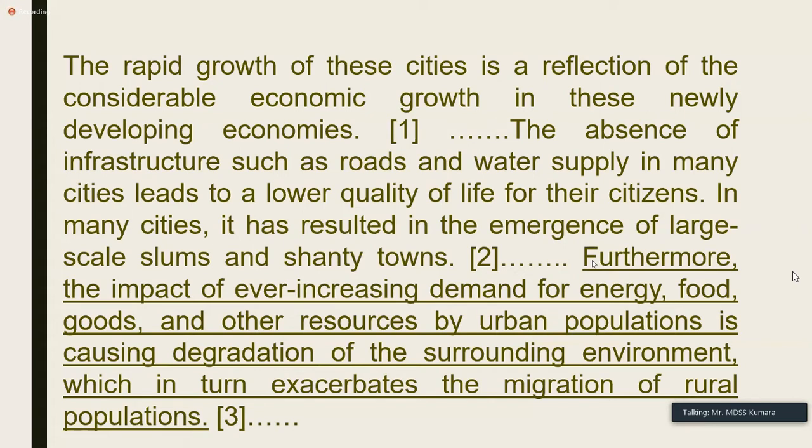So to decide this, we need to see what each of these sentences does, the topic, the kind of information given in each of these sentences. Before that, can somebody read this paragraph aloud?